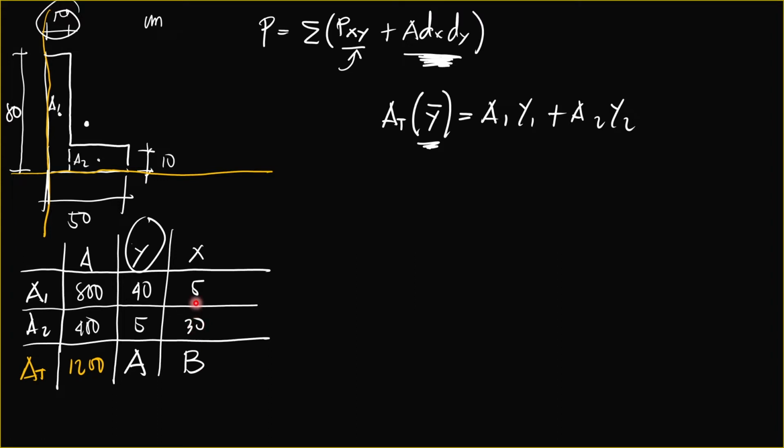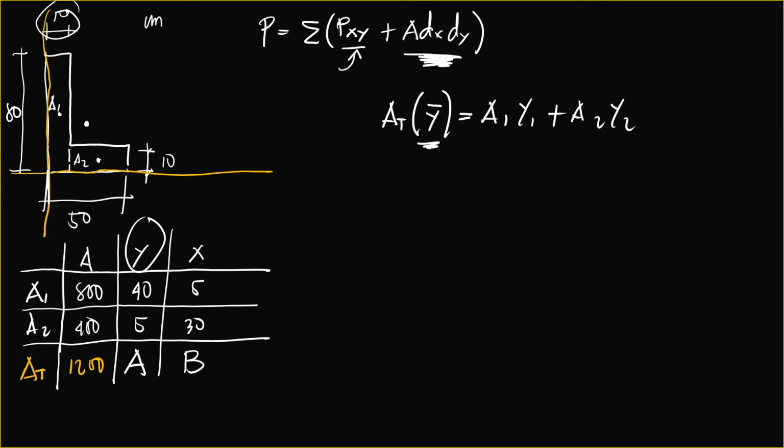This distance, from where my cursor is, what is that distance? 40, right? What we are determining is from the centroid. Do you see the centroid? The centroid is measured from the y-axis.